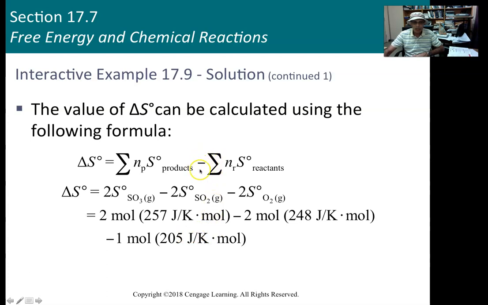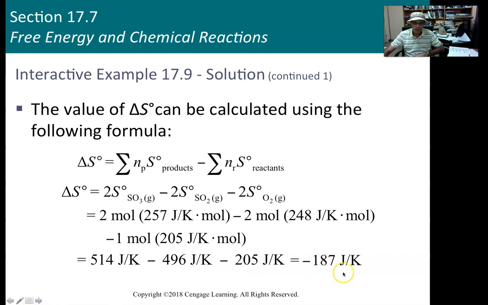Watch this sign here. That sign takes care of the negative values that are stated. All these are in joules per Kelvin, because we have multiplied out the moles, giving only the joules per Kelvin unit. Your final answer is negative 187 joules per Kelvin.